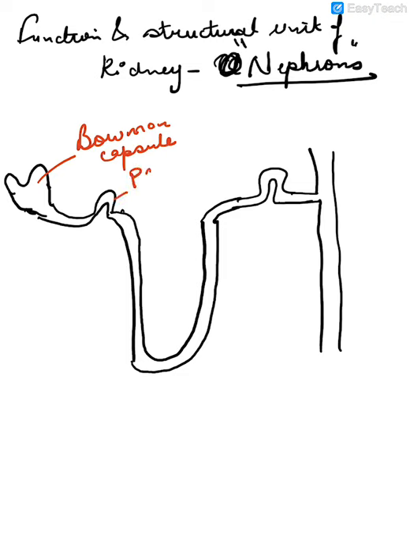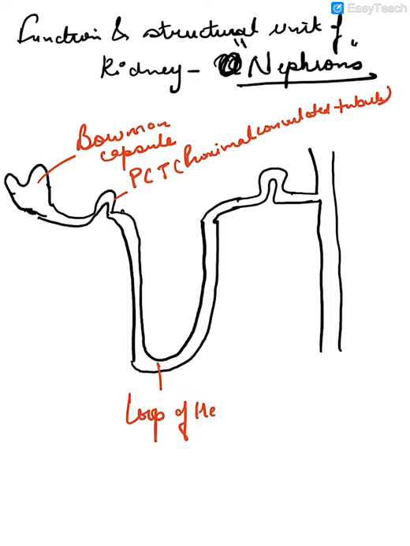Then comes the PCT, which is the proximal convoluted tubule. Then comes the loop of Henle. Then comes the DCT, distal convoluted tubule, and then comes the collecting duct.